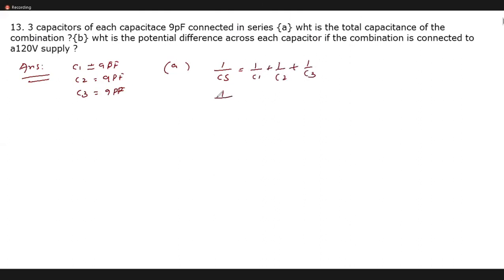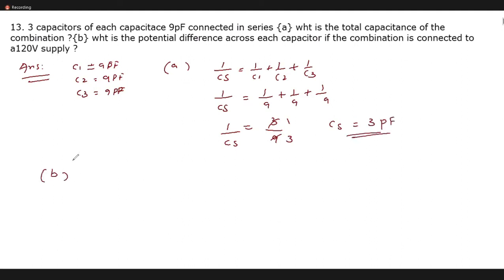Then 1 by 9, 1 by 9, 1 by 9, so 3 by 9, which is 1 by 3. So Cs is 3 pF. Clear?